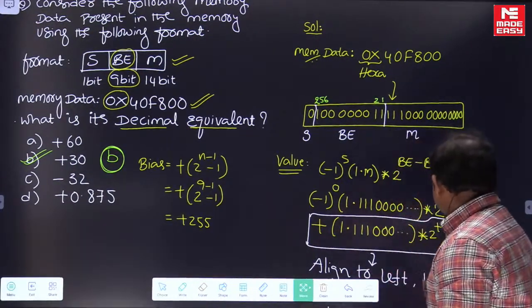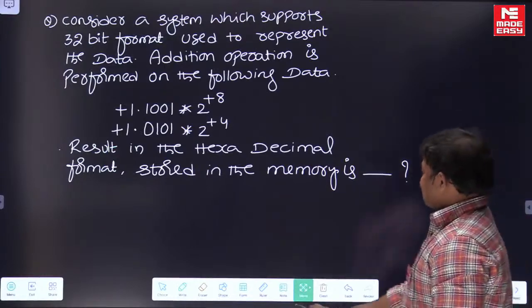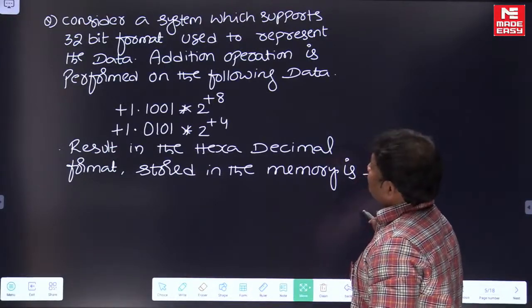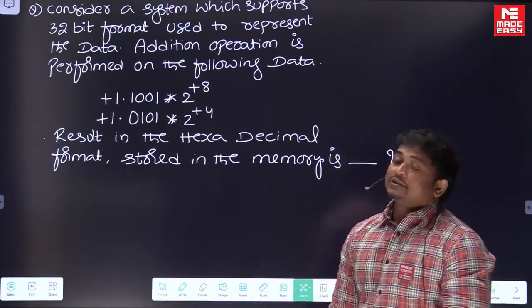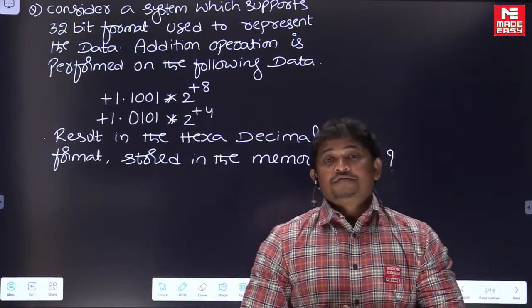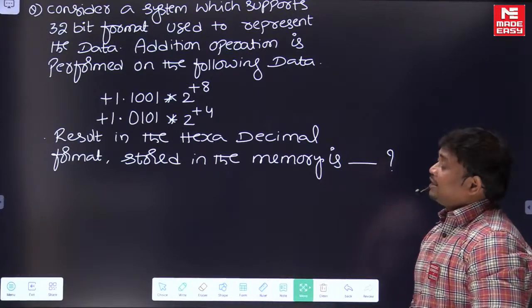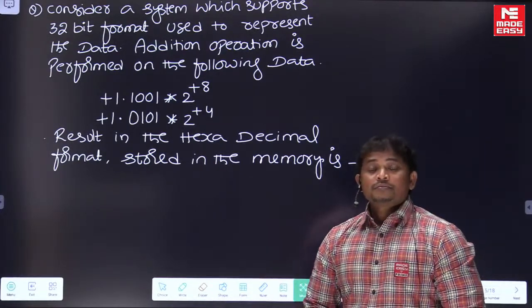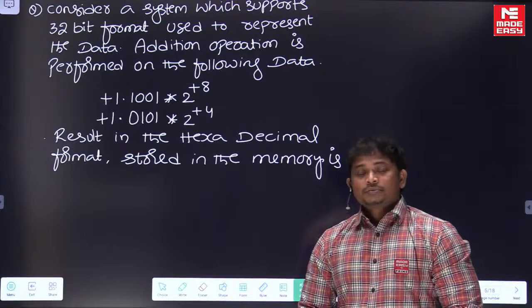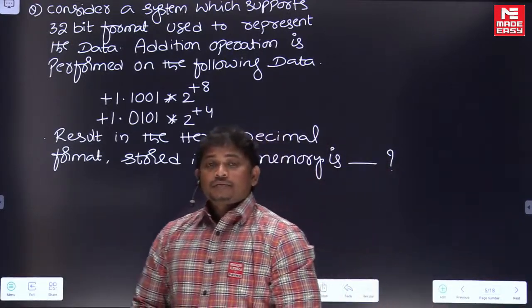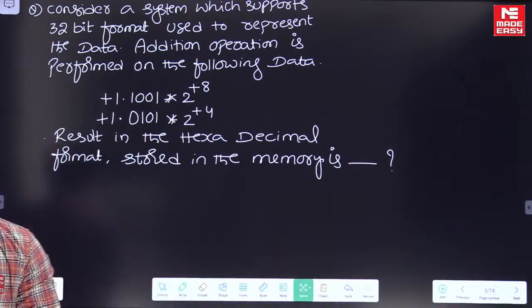So go to the next question. Students, the next question is on the screen. All of you read the question and try to solve it. Waiting for your answer. Do it fast.